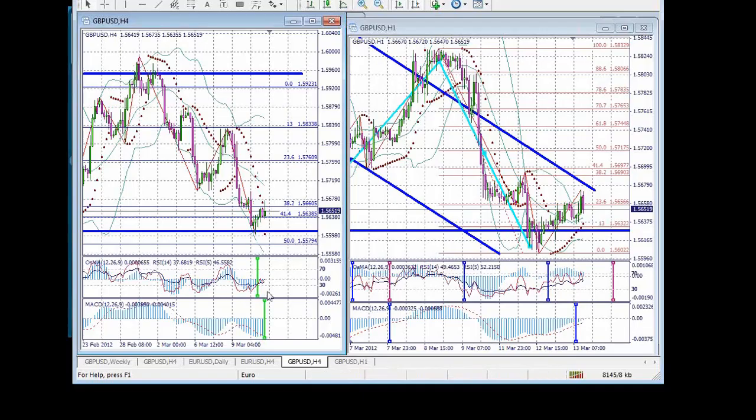So for the bigger time frame, I think that in the medium period the pair will not break the channel, as the 1 hour time frame is indicating to me.